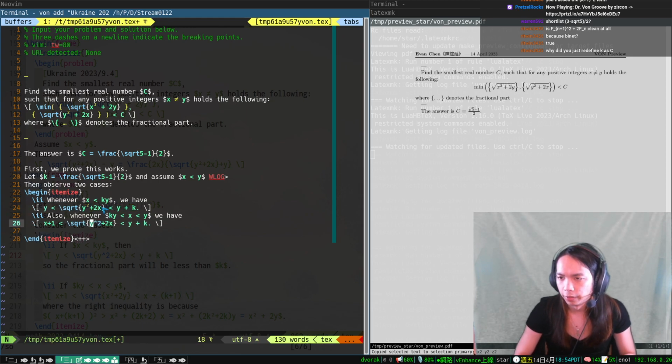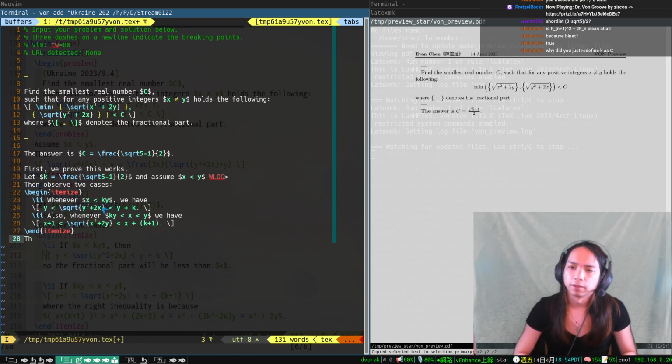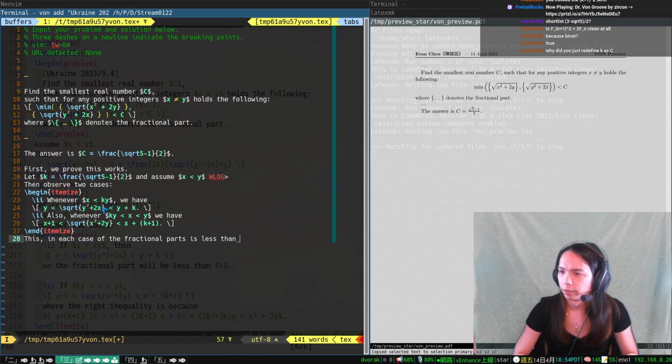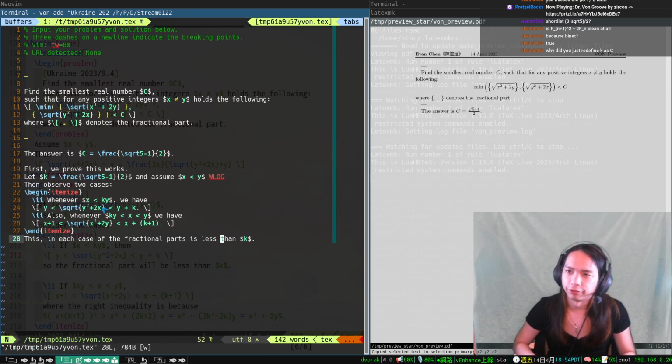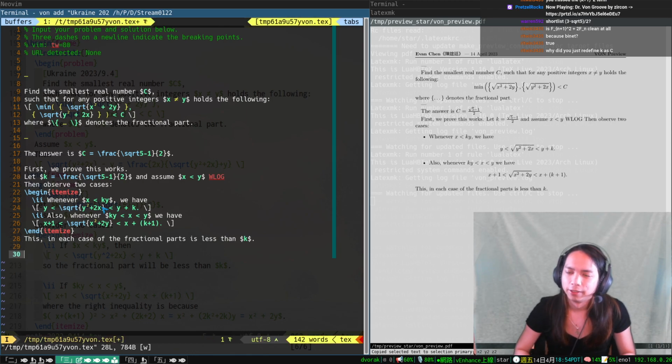Okay, this is x plus 1, this is x plus k plus 1, which is what we want, so good. Thus, in each case, one of the fractional parts is less than k. The problem is that because these inequalities are strict, I can't use a single x and y.